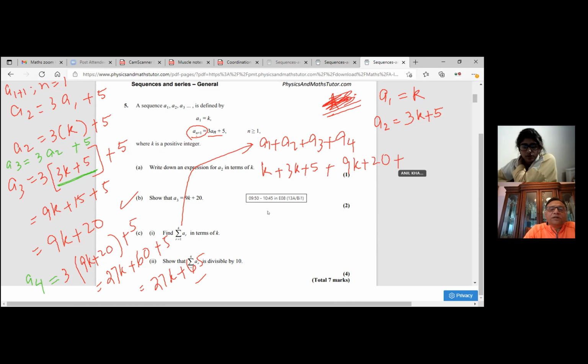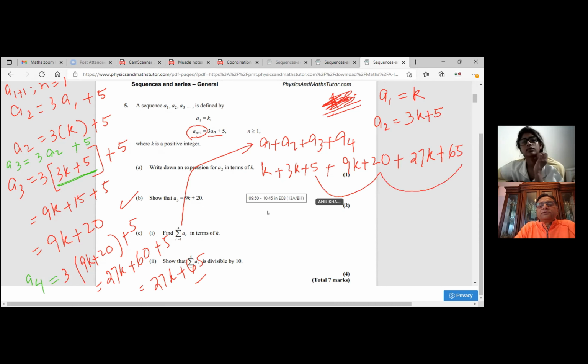And A4 is 27K plus 65. So this is a combined series where you can add these numbers, and you can add these K values. Take the like terms and then do it. Is that clear to you?